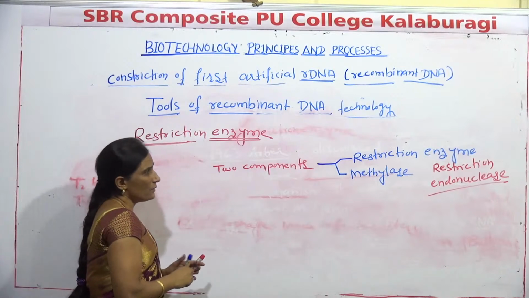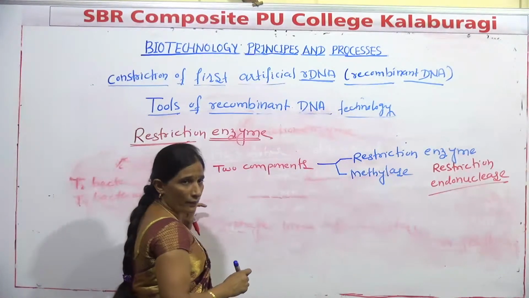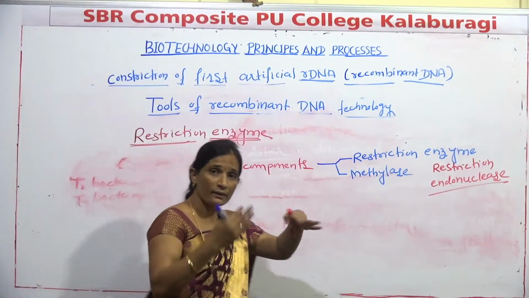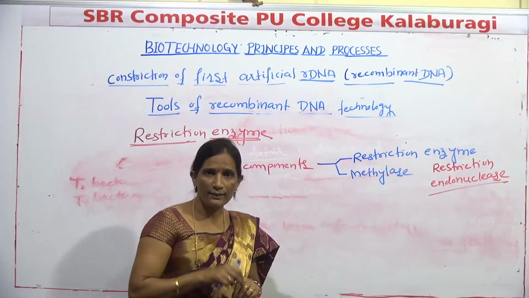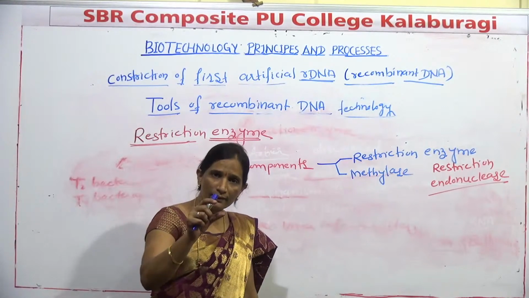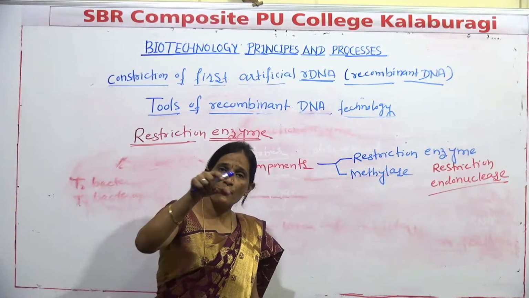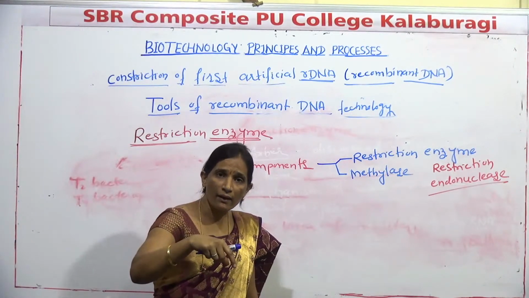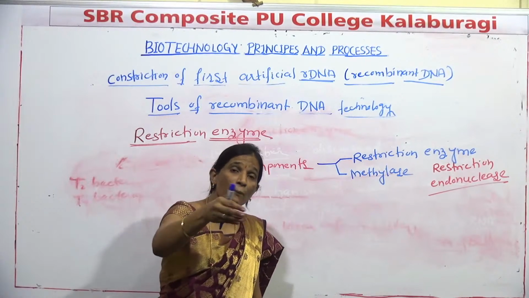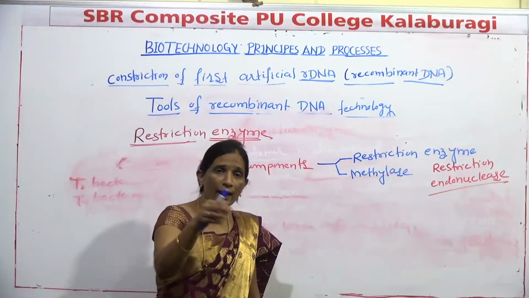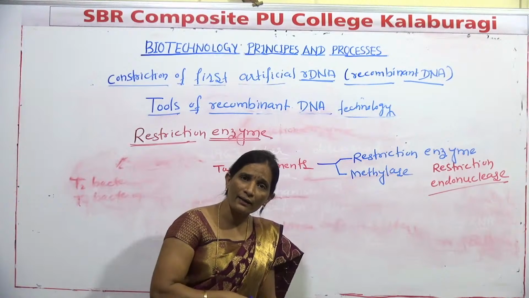Is it clear? So the bacteria has two components. These two are present within the bacteria only. Scientist Arber discovered that the bacteria protect themselves from the bacteriophage with the help of a defense mechanism.